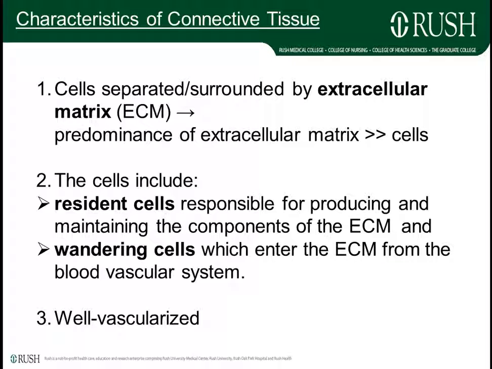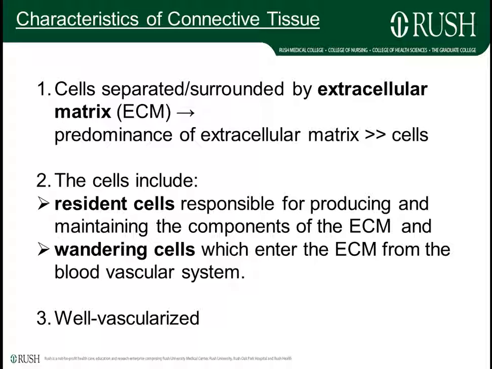The cells can be put into 2 basic categories: resident cells, which essentially are born, function, and die, and then are replaced within the tissue compartments. Those are the resident cells, which are responsible for producing and maintaining the components of the extracellular matrix.